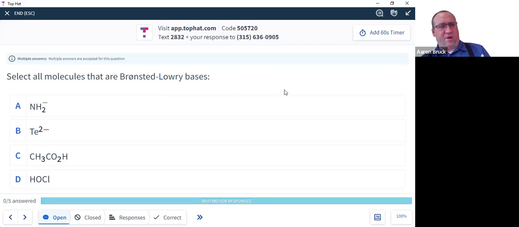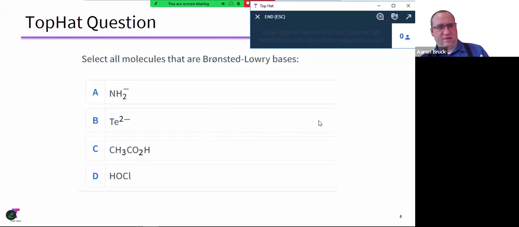Select all the molecules that are Bronsted-Lowry bases. Now, again, under the Bronsted-Lowry definition, the base has to be able to accept a hydrogen.